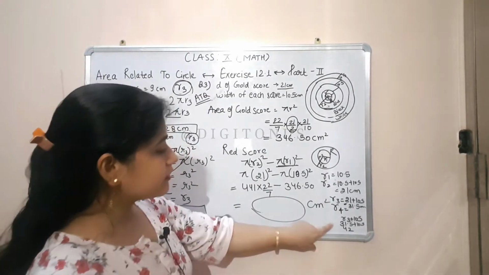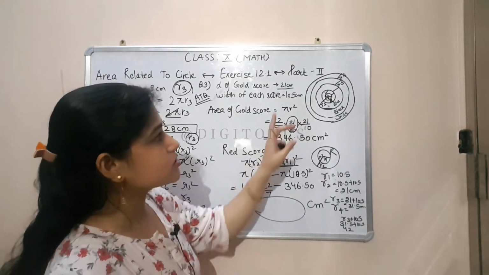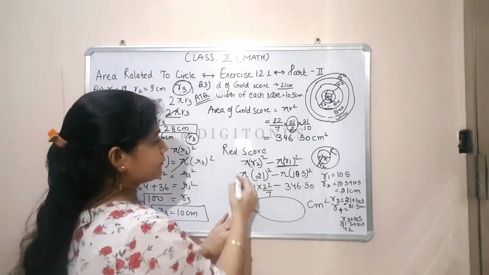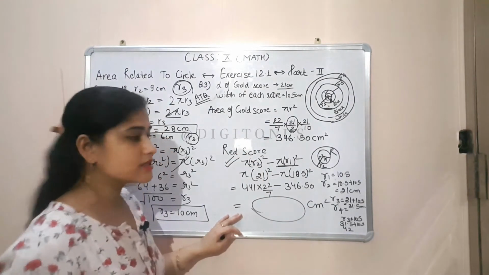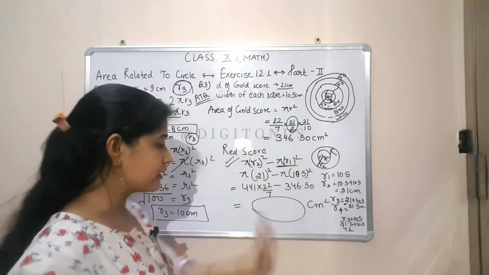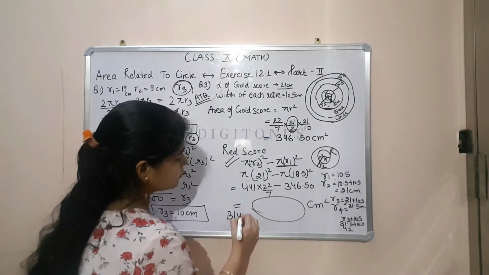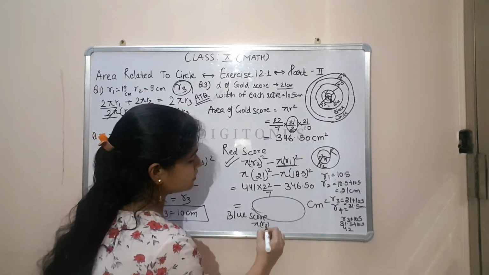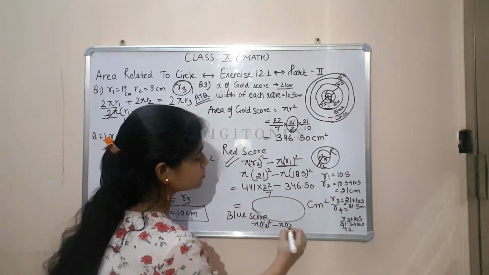After finding the radius of all outer circles like this, you will find the area of all the scores. Red score area is pi R2 square minus pi R1 square. Then blue score area will be pi R3 square minus pi R2 square.